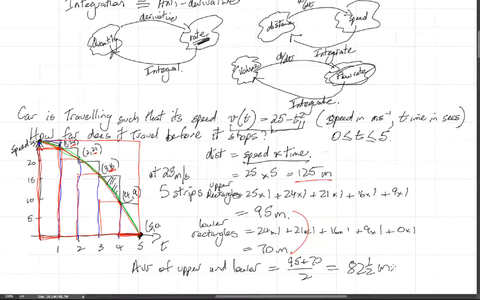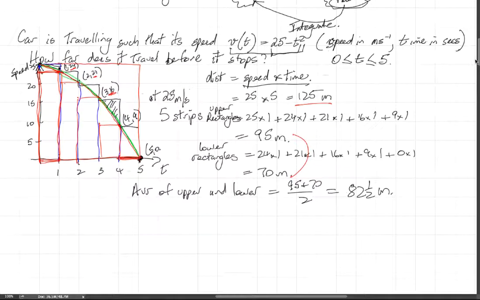Now that's an approximation as to how far we've actually had this car travelling. 82.5 metres is an approximation, and that's using just 5 steps.